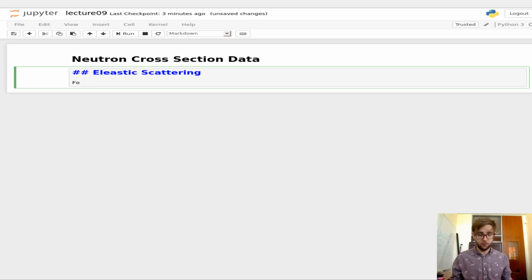I'll say for low neutron energies, elastic scattering is basically billiard ball physics.